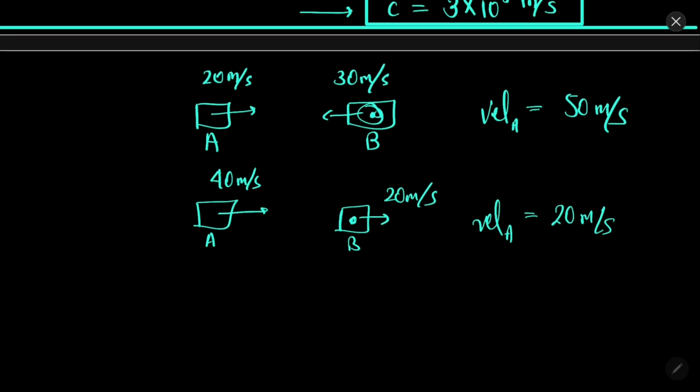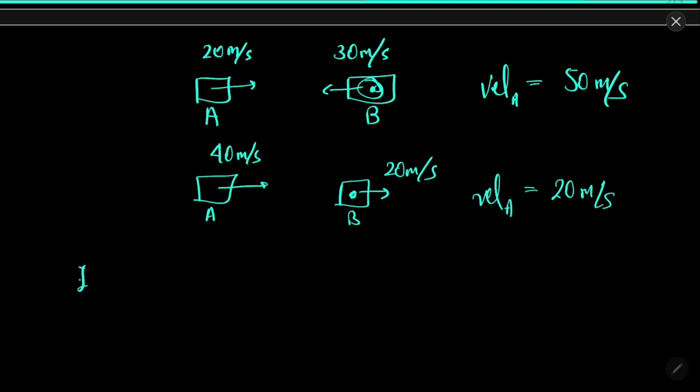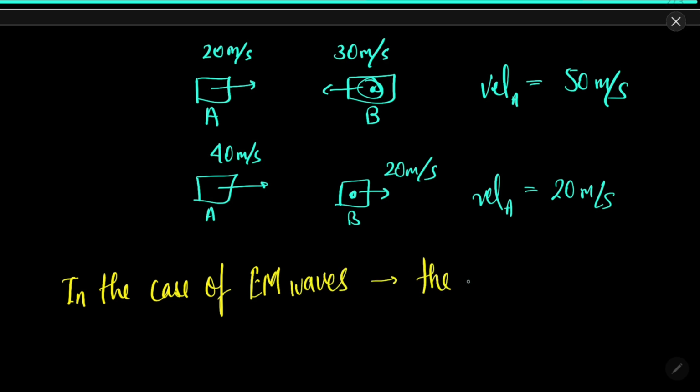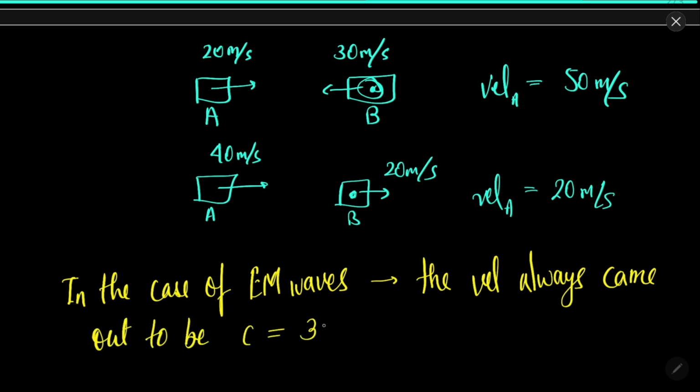But in the case of light, or we should say EM waves, the speed always came out to be C, approximately equal to 3 into 10 to the power 8 meters per second.